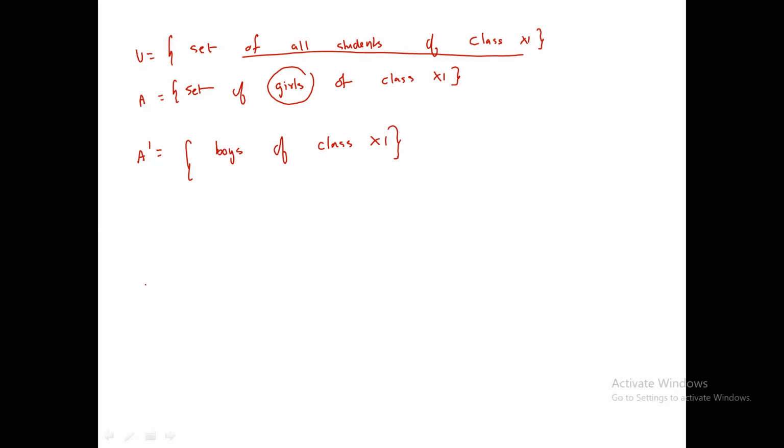So similarly, we have results for A union B whole complement and A complement intersection B complement. We can find out all these also. Suppose U is 1, 2, 3, 4, 5, 6, A is 2, 3, and B is 3, 4, 5.